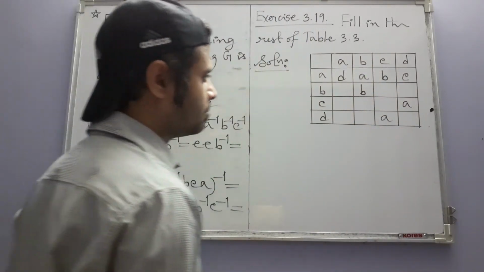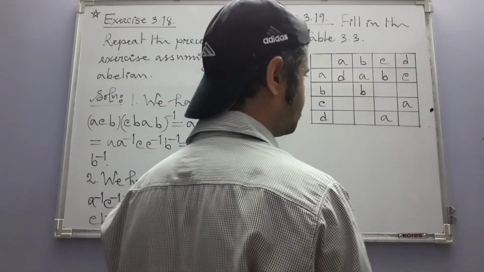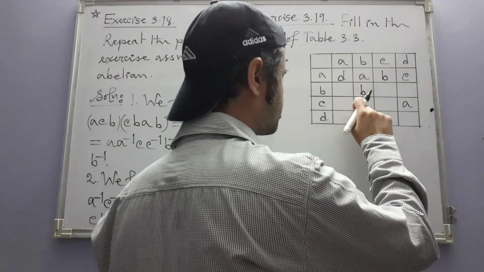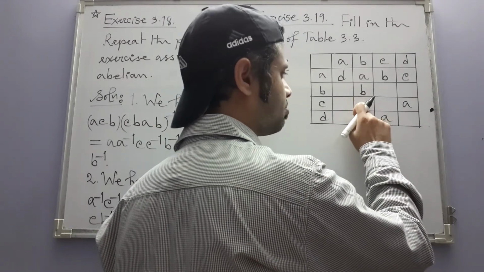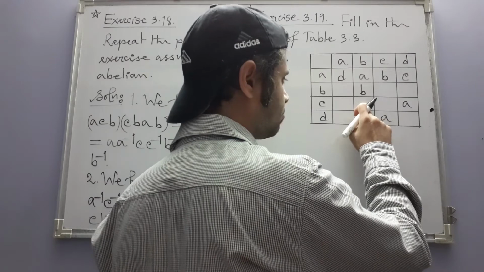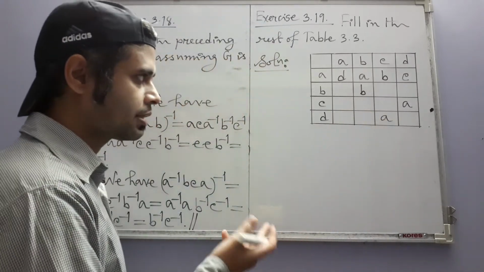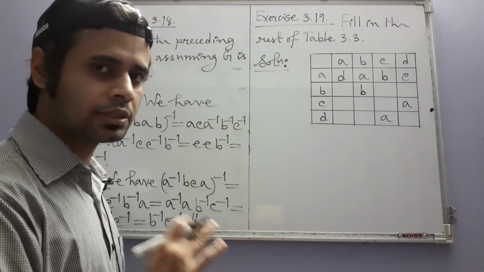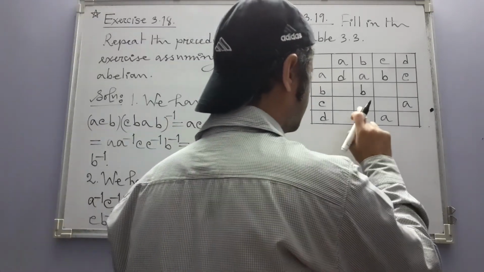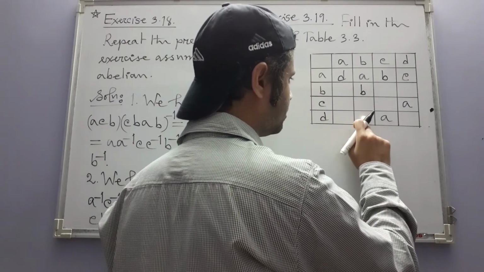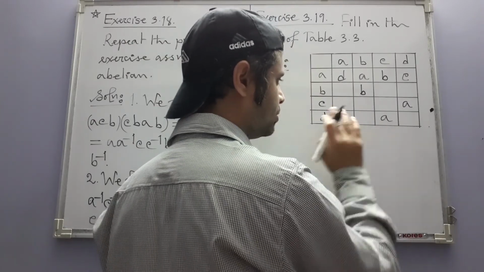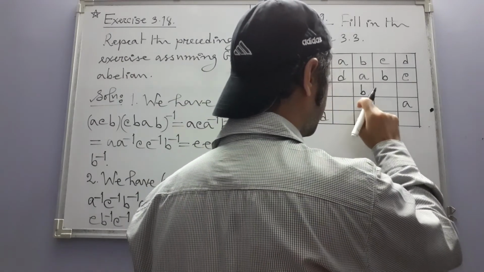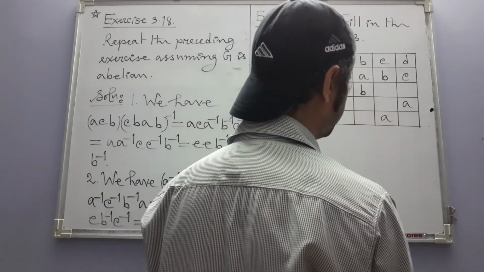In the second column, we already have A and B, so we now need to put C and D. So this cell, for example, can have either C or D, but we cannot simply decide from what we see here whether it will be C or D. That cannot be decided yet. Just like that, here also we really don't know which one of C or D will appear. So these cells will have to wait.